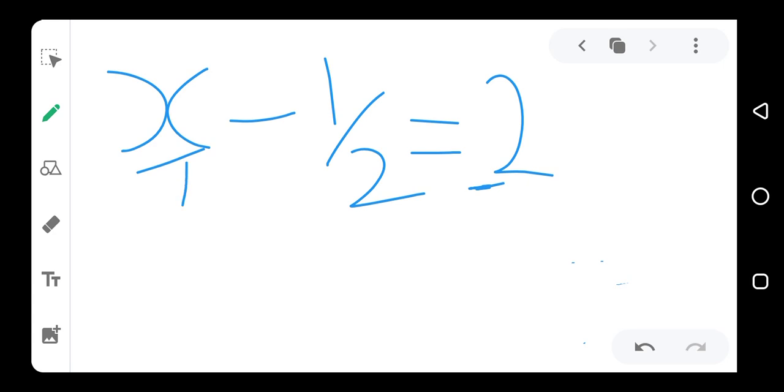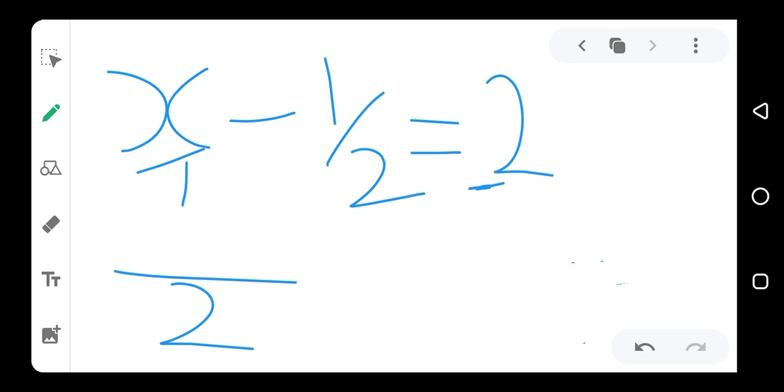The LCM between 1 and 2 is 2. So we have 2 as the common denominator. 2 divided by 1 is 2.